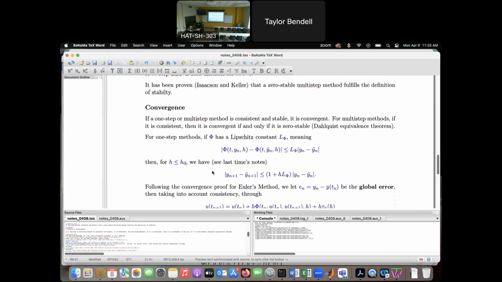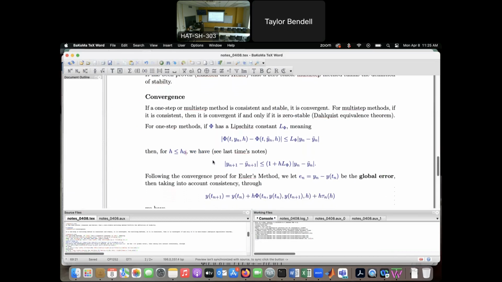Now, the approach I take to show convergence from here is similar to how I proved convergence for a specific case of Euler's method. I define at any time Tn, the approximate solution minus the exact solution, En, that's the global error. That's what I want to show goes to 0 as H goes to 0.